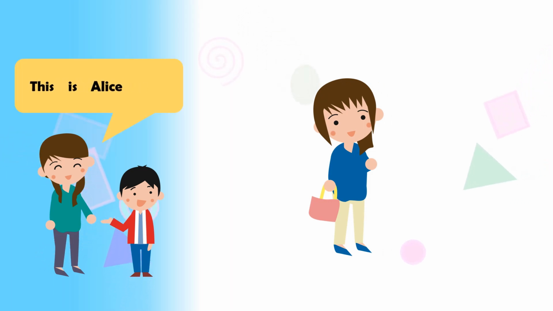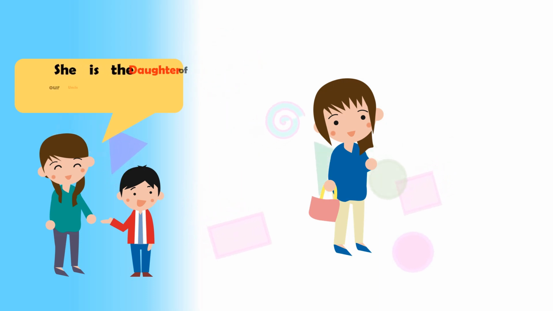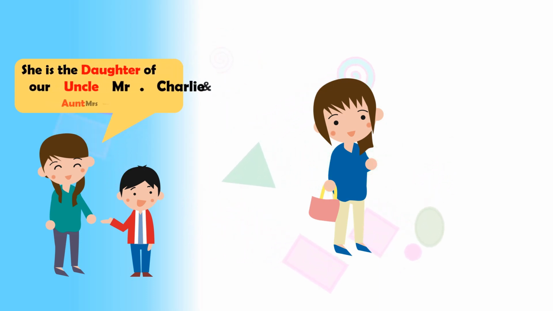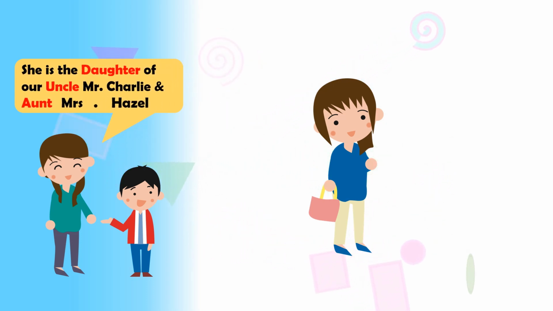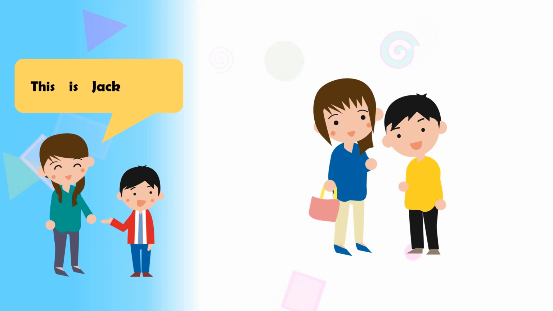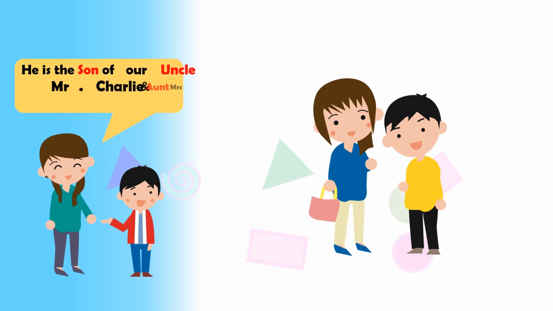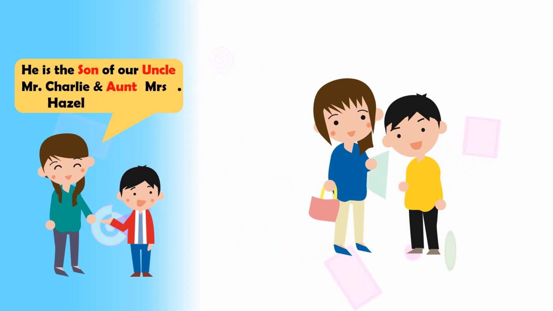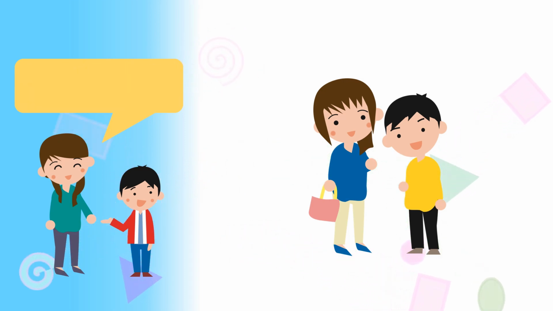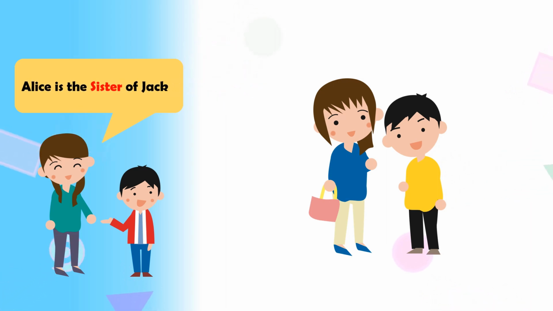This is Alice. She is the daughter of our uncle Mr. Charlie and aunt Mrs. Hazel. This is Jack. He is the son of our uncle Mr. Charlie and aunt Mrs. Hazel. Alice is the sister of Jack.